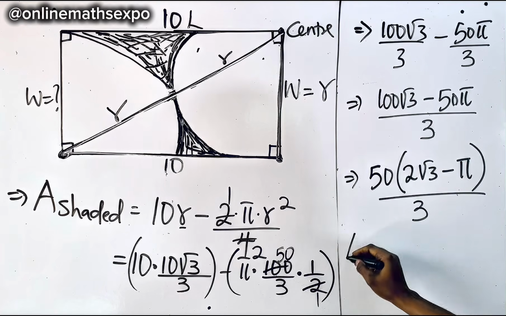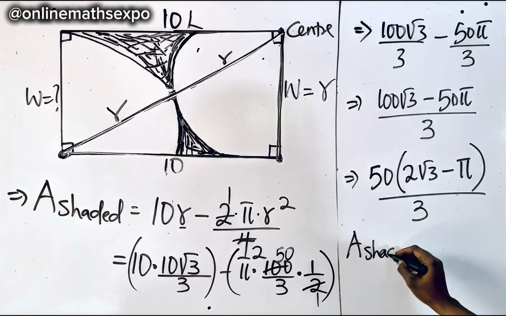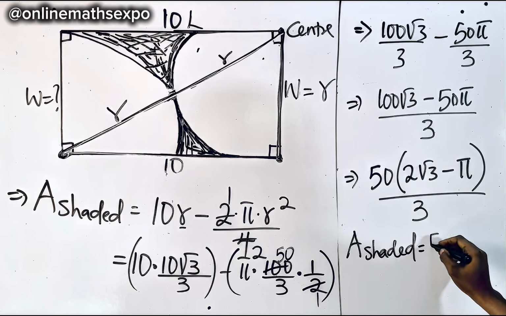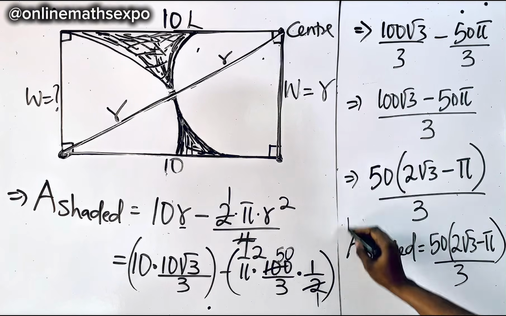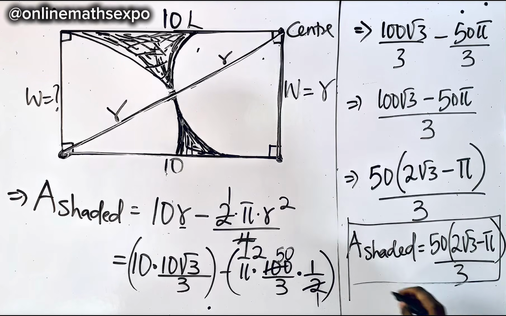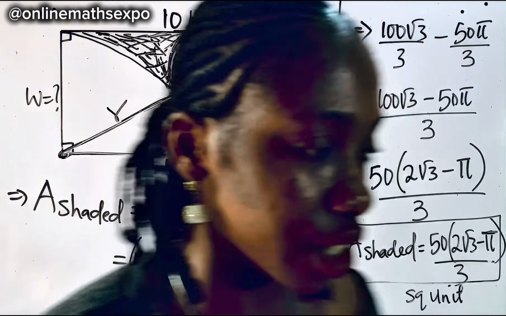So this gives us the area of the shaded. So we have 50 into 2 root 3 minus pi, divided by 3, as the area of the shaded in square units.